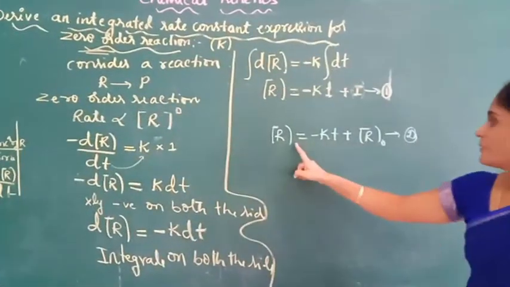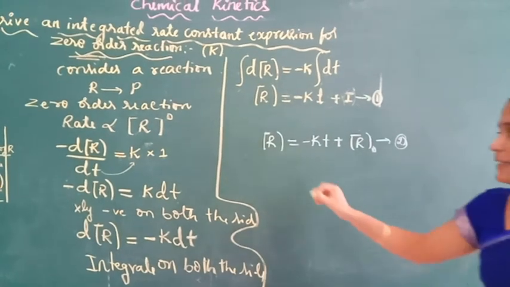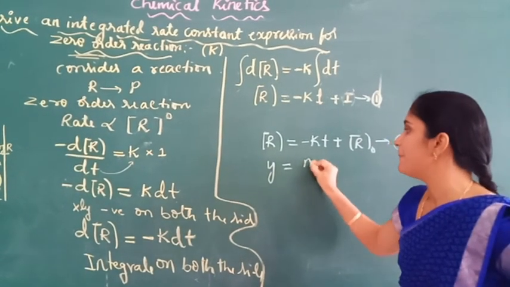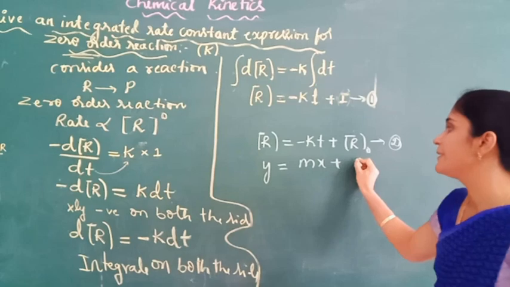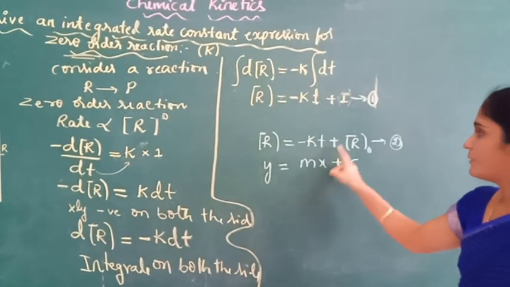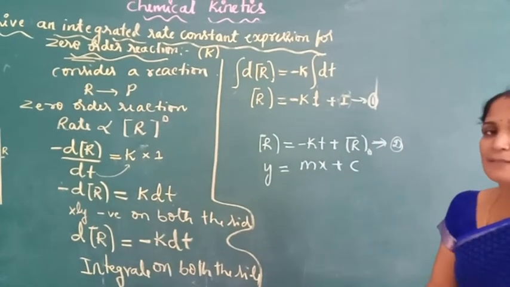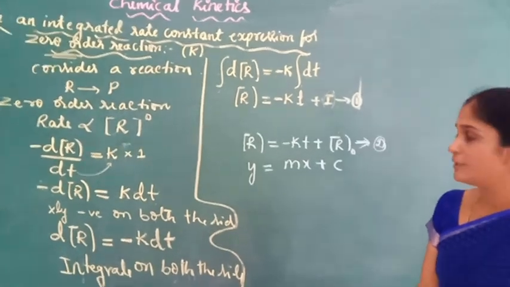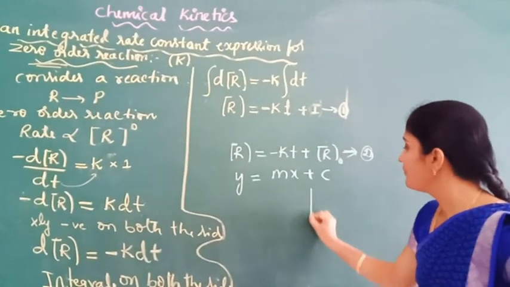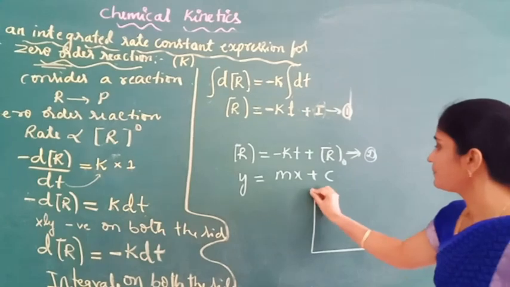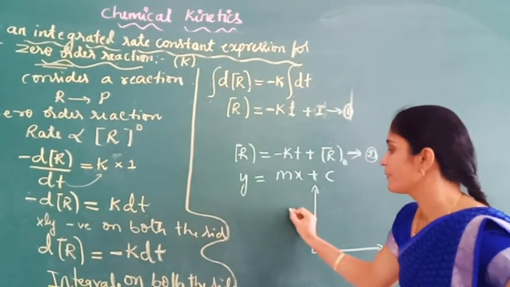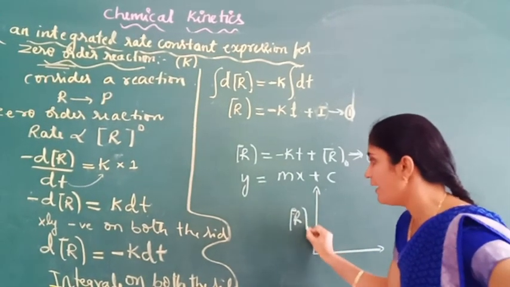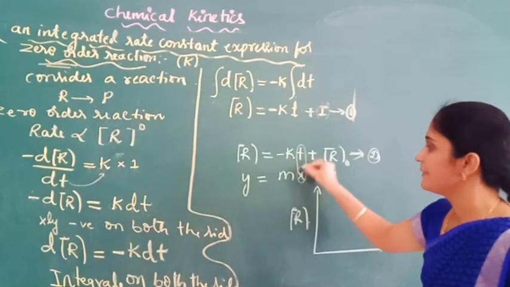Here, the equation number 2 resembles y equals mx plus c. So equation number 2 resembles a straight line equation. So if we plot, on y axis concentration of R and on x axis time.